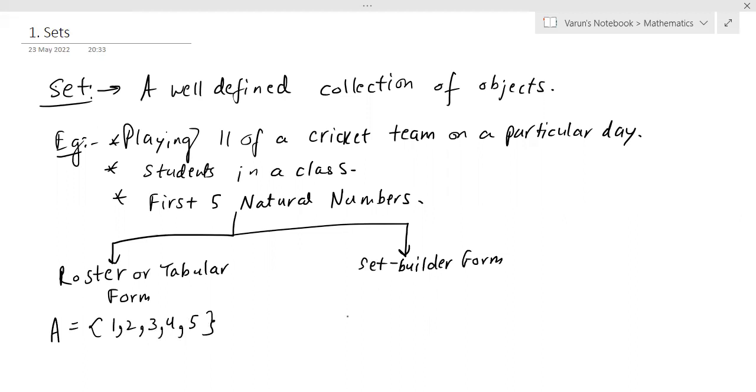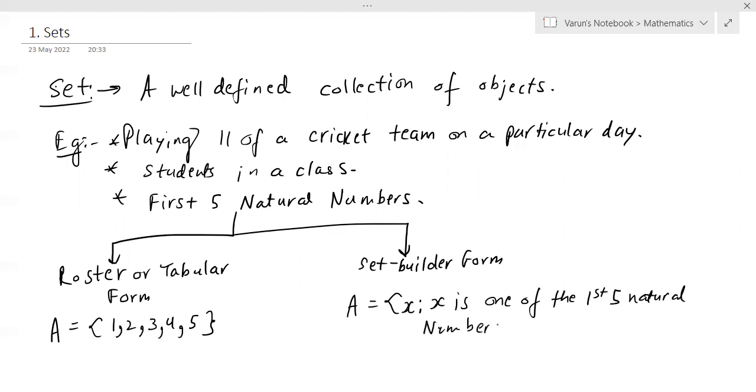And in the set builder form, you will not write all the elements together, but you will define an element X, and X is one of the first 5 natural numbers. Is this part clear, what I'm saying?